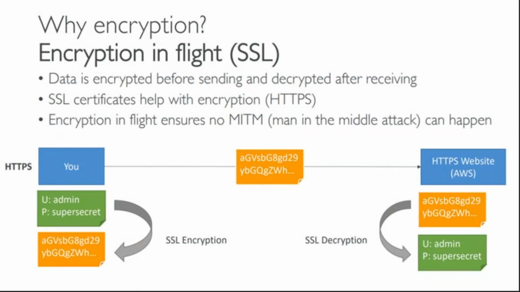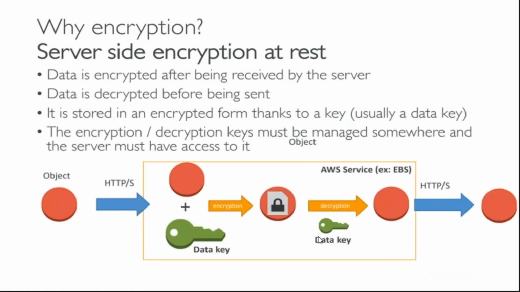Another method that we have is server-side encryption at rest. Before this, the server was receiving the data, decrypting it and using it in decrypted form. Here the server is going to store the data on its disk.